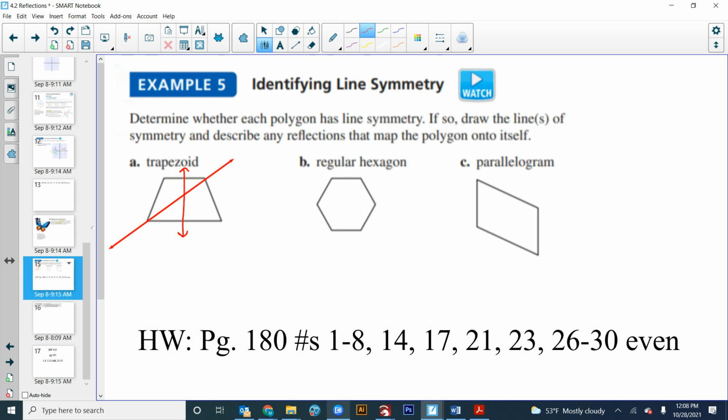Now, this is not a perfectly scientific approach for me to do it this way. If I had a protractor or something, I could draw it better. But do you guys agree that's pretty close to being perpendicular? Why would I draw a perpendicular segment? Well, yesterday we learned that if you're going to reflect it over a line, then it's going to be the same distance on that side of it, correct?